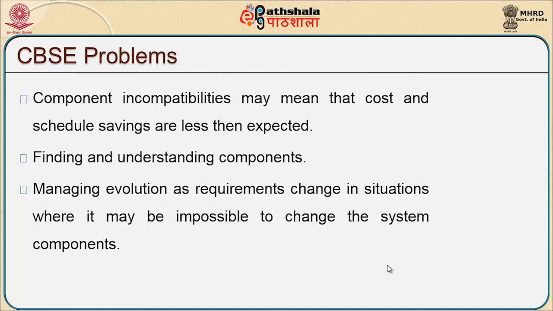Managing evolution as requirements change, in situations where it may be impossible to change the system components. There are situations where it is impossible to change many of the components. At that juncture, some people might force us to change those components or the reuse of the components. That is not very much possible.